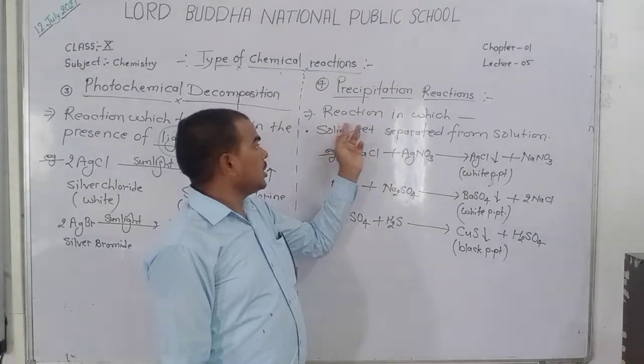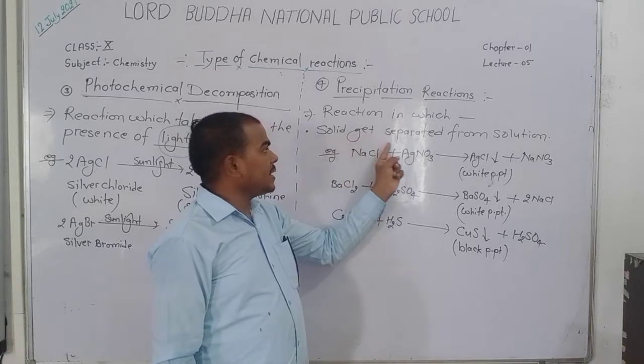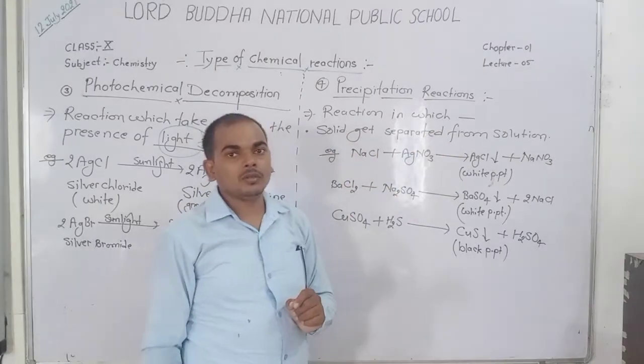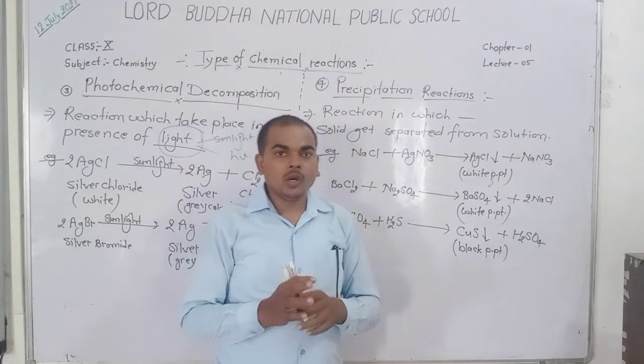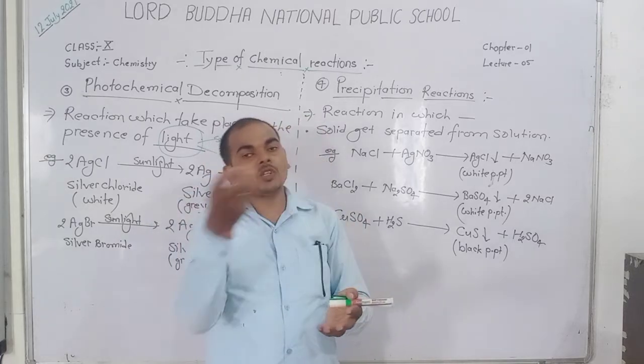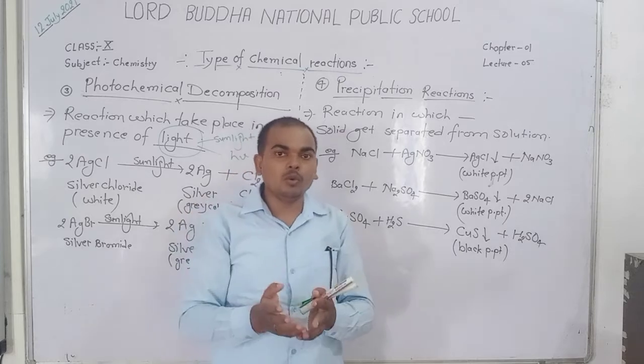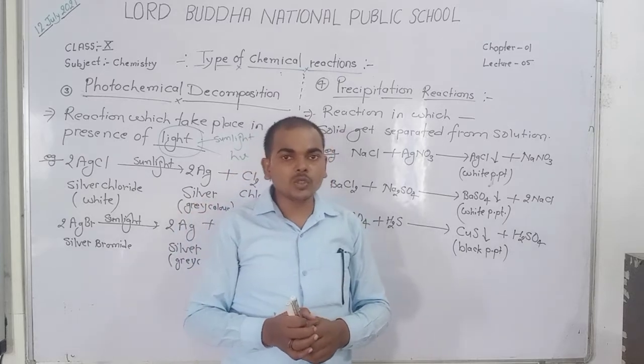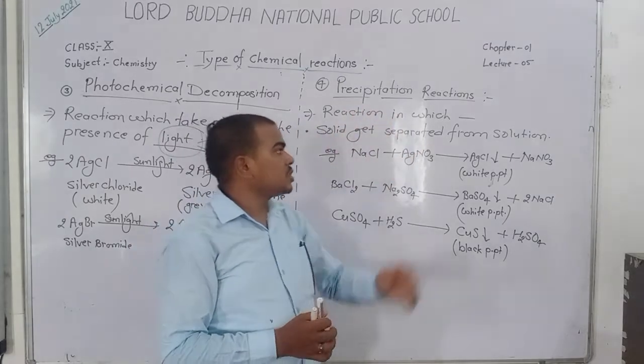It is a reaction in which a solid gets separated from solution. If in a reaction a solid material separates out from the overall solution, this reaction is known as a precipitation reaction.